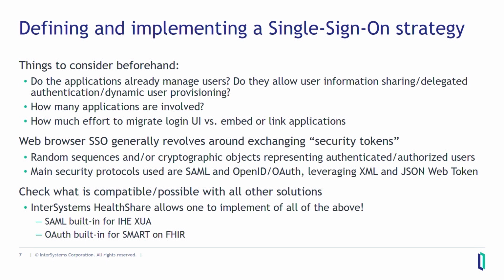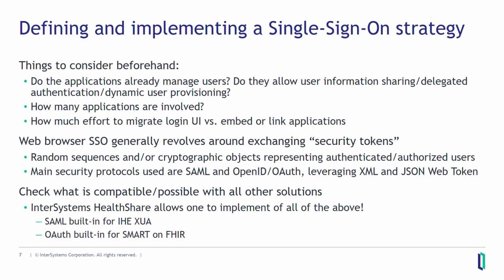So once you've decided on single sign-on, and in particular on web browser single sign-on solutions, one thing I've observed is that most of the time it will revolve around sharing security tokens. And I'll explain. Security tokens can be random sequences, or they can be cryptographic objects representing the users and some information about them.